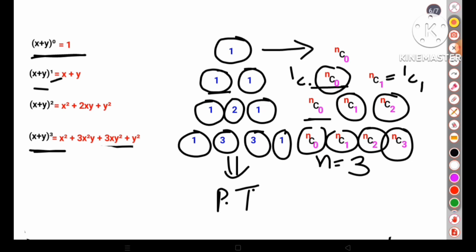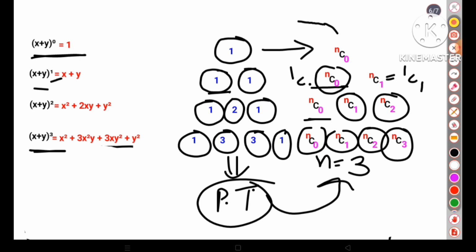So, the Pascal triangle is made up of the coefficients of binomial expansion, and the binomial expansion's coefficients come from the Pascal triangle, and these terms of the Pascal triangle are nothing but the coefficients of these expressions.